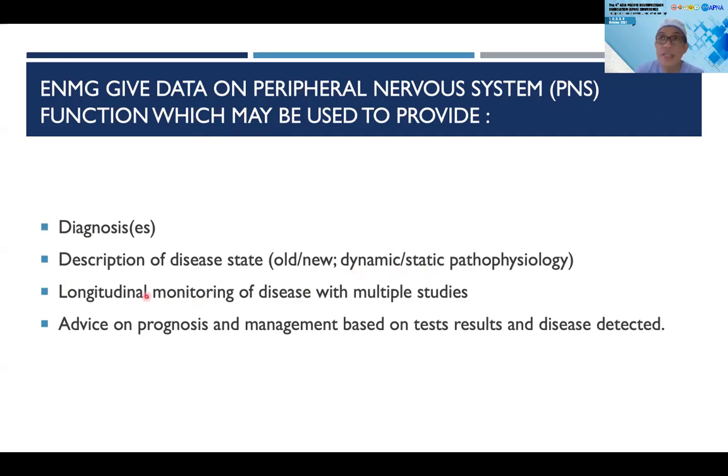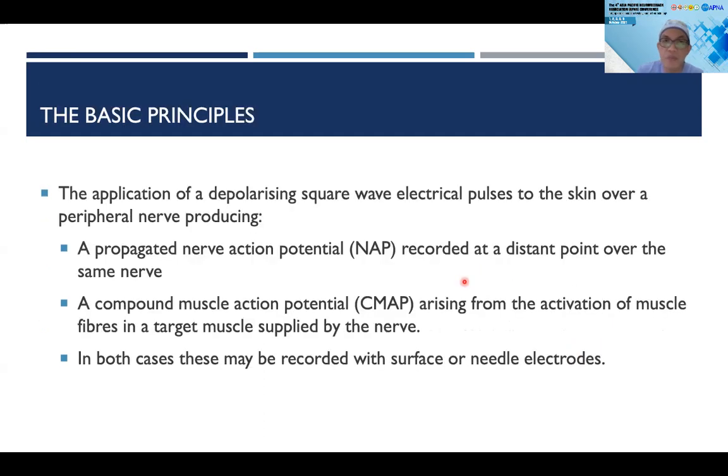Also, in some cases, for example CIDP, chronic inflammatory demyelinating polyneuropathy, we can do longitudinal monitoring of the disease with multiple studies. Does it progress or not? And also to give advice on the prognosis and management based on the test result and the disease detected. So this is the function of ENMG in the peripheral nerve system study.